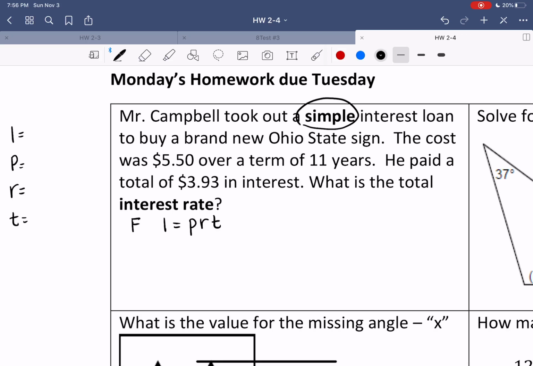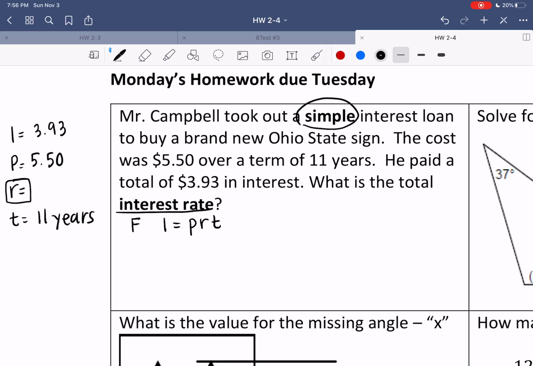We know that $5.50 was the cost, so our principal is $5.50. And then we're going to have 11 years for time and $3.93 in interest. So from there, we have our rate that we're looking for.